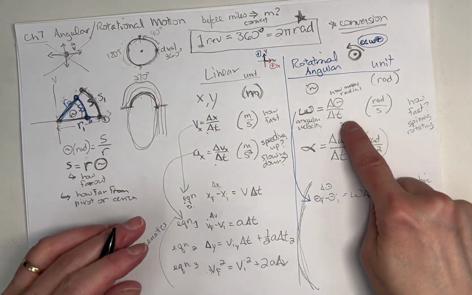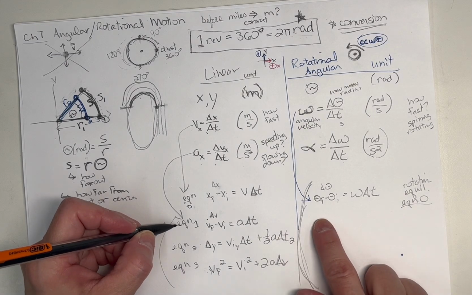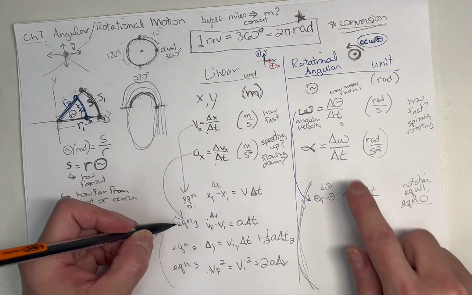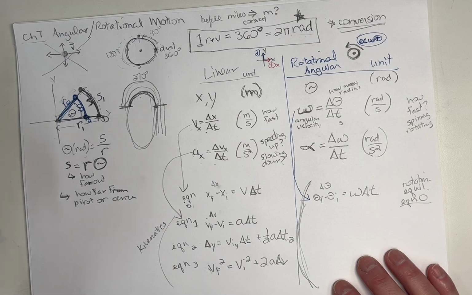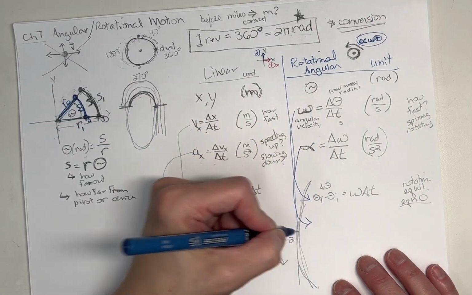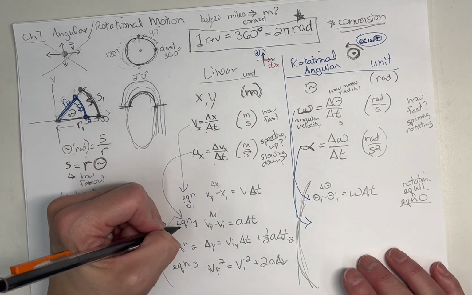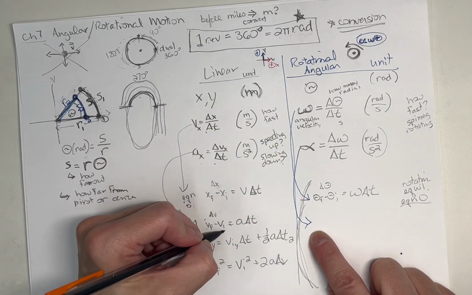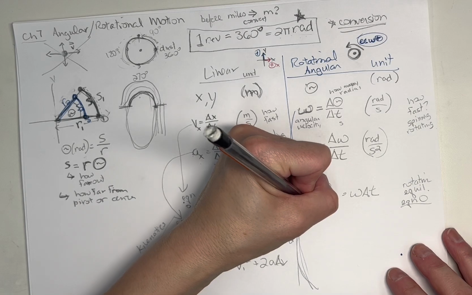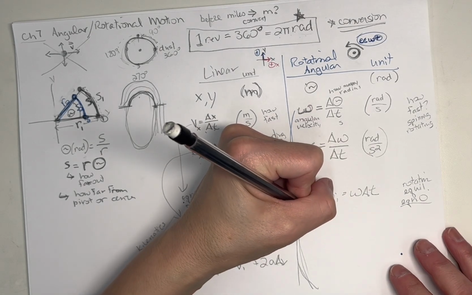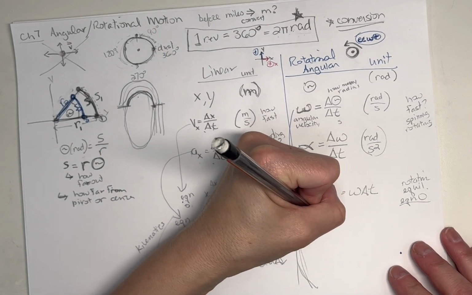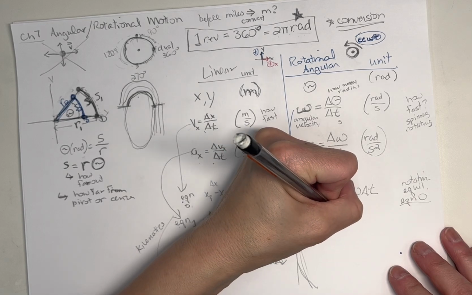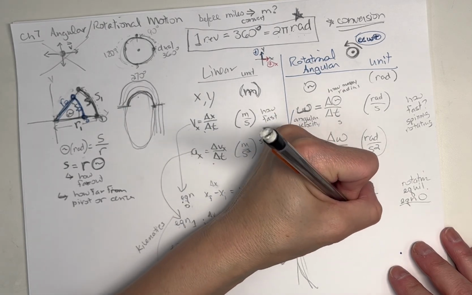What was my equation 1? I need to use acceleration for that. Well, let's grab angular acceleration and see if we can make an equivalent for equation 1. Look, I'm changing velocity. I need angular velocity, so that's going to be delta omega, or final minus initial, equals angular acceleration times time.